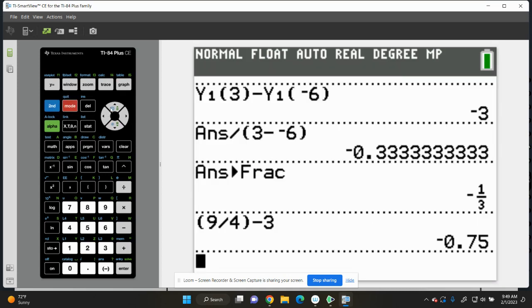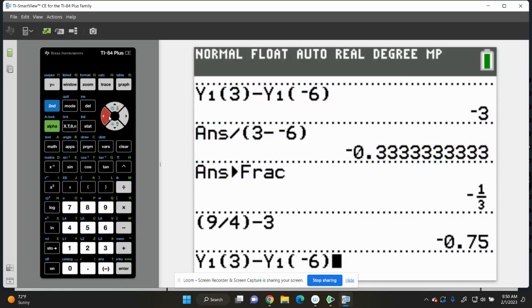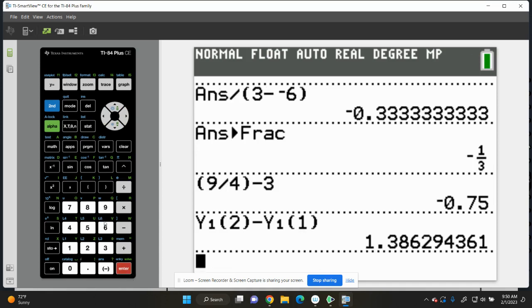Okay, so we're doing f of 2 minus f of 1. So y1 of 2 minus y1 of 1. Okay, and I'm dividing that by 1. So that's fine.